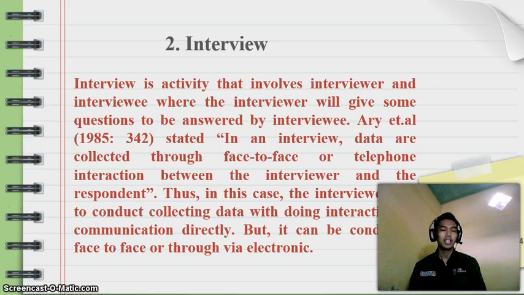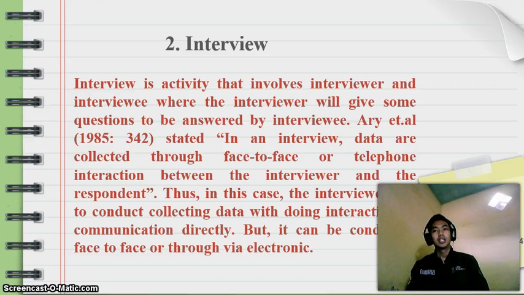In addition, Shamsuddin 2011, page 95, states that in qualitative research, interview activity has two functions. The first function is as the main strategy in collecting data, like data in the form of interview transcript, and the second function is as an additional strategy for other techniques like participatory observations, document analysis, and photo creation.